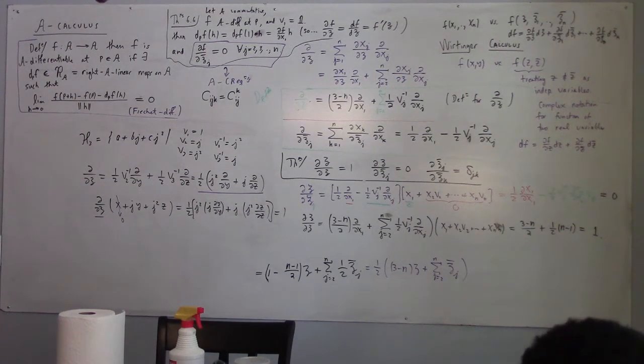So for the last half of equation 87, all of a sudden I find my way. So I've got partial x minus j squared partial y plus j partial z.